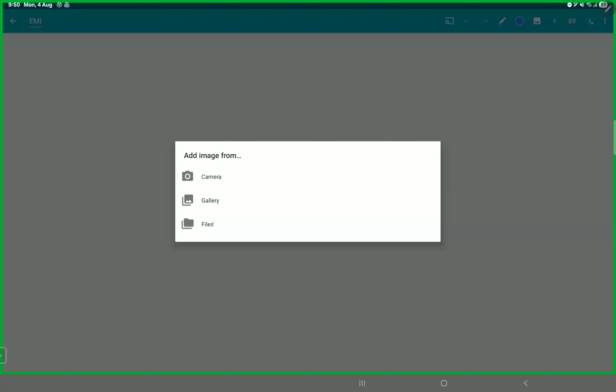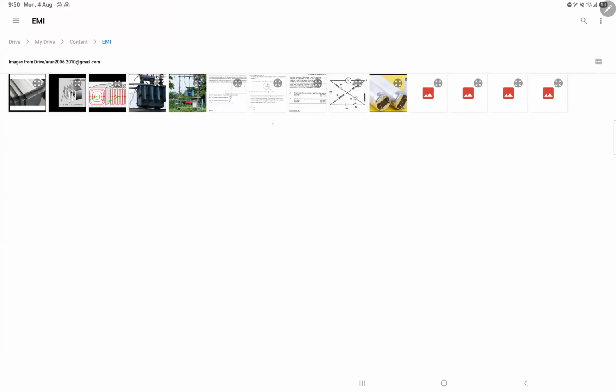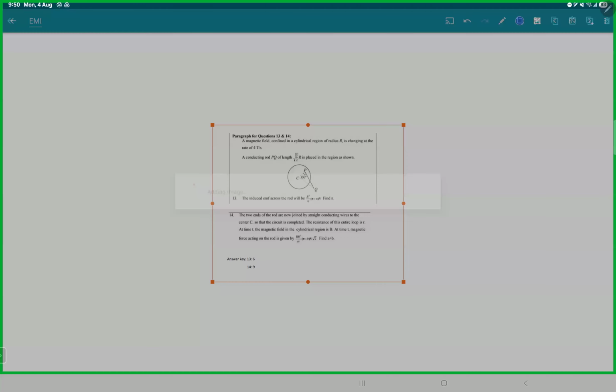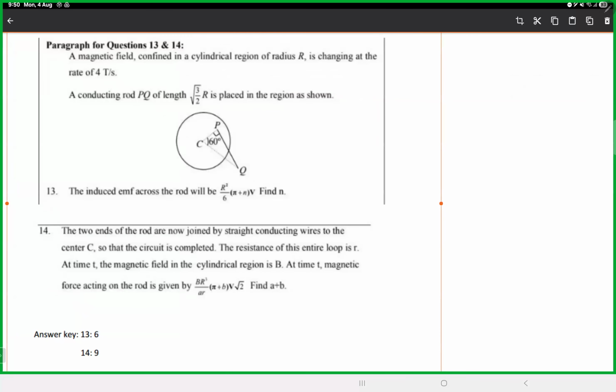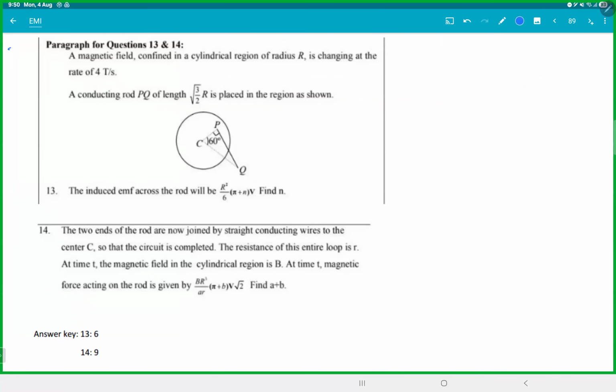Let's see one more. You have a magnetic field region changing at a rate of 4 Tesla per second. You kept a rod PQ of length root 3 by 2 as shown in the region. Find the induced EMF across the rod, and if the two ends of the rod are not joined by a conducting wire, find the force on the rod.